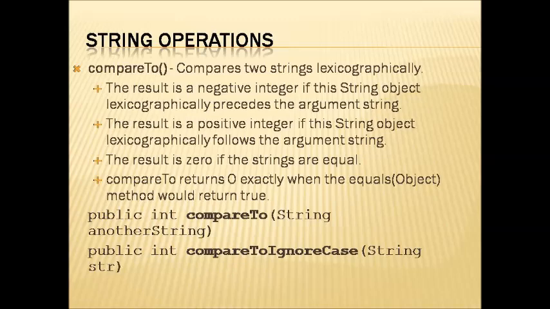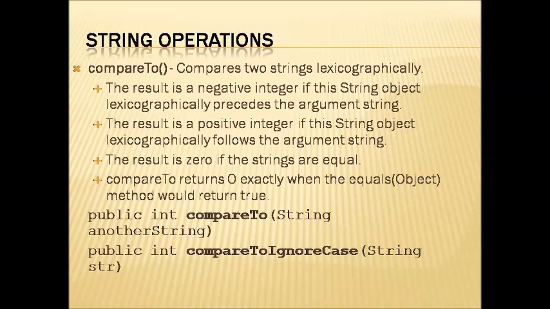Right? So this CompareTo function is case sensitive. Suppose you want to perform the CompareTo operation ignoring the case, so you have to use the CompareToIgnoreCase function. This is not mentioned in our textbook, but we can make use of this functionality, CompareTo and CompareToIgnoreCase.